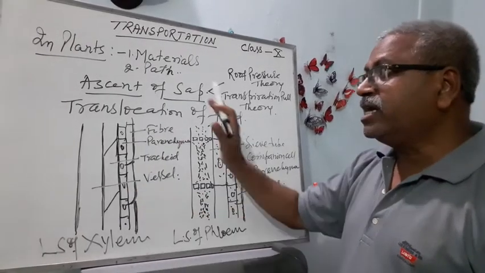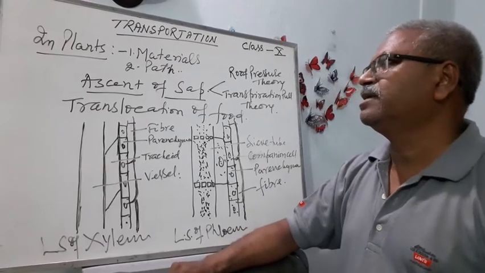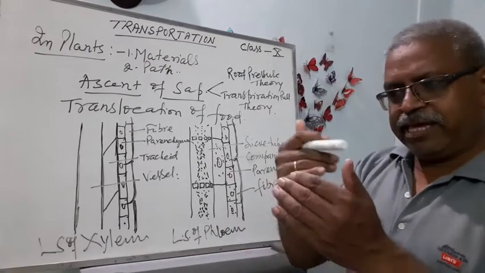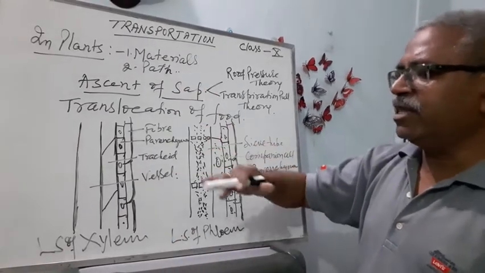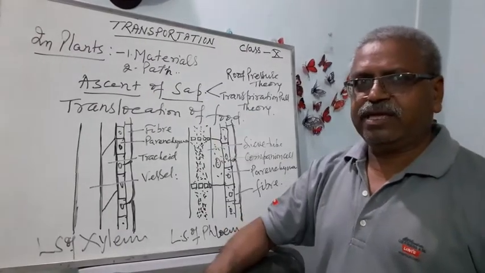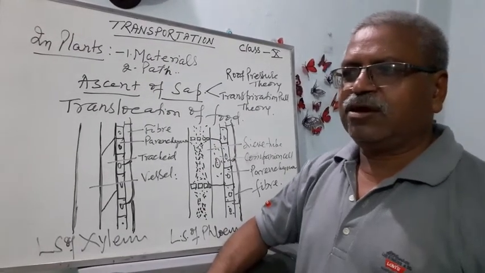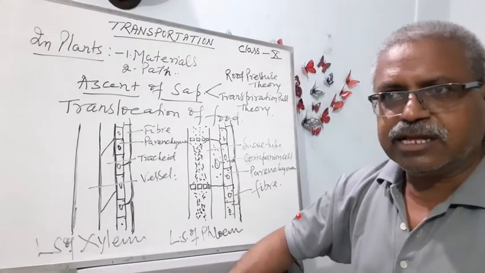The mechanism of the transportation in plants is of 2 types. First, water and minerals are transported from root to leaf because the source of water and minerals is soil.